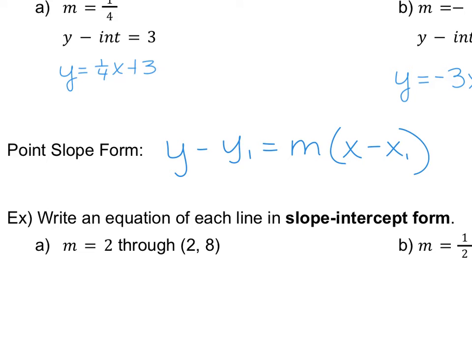Your m is always going to be your slope, right? So they're going to give you a coordinate. So this is the x coordinate. You plug it in there, and this would be your y coordinate. Okay, do not forget that there are a few negatives, and they come into play.